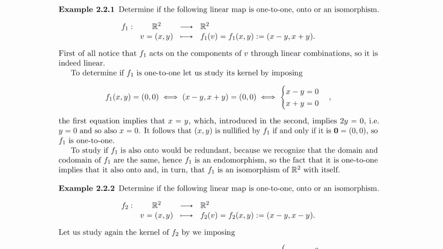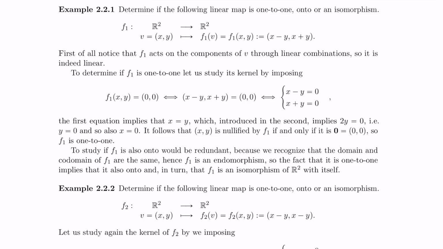In order to study the kernel of F1, we have to impose that F1 of x and y is equal to the null vector of R2, which has components 0, 0. By using the explicit expression of F1 of x and y, we can write this equation here as this one.